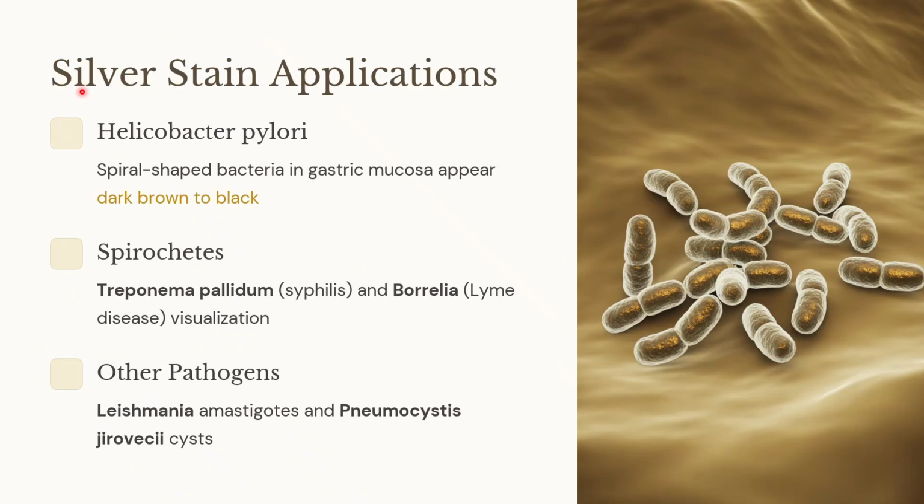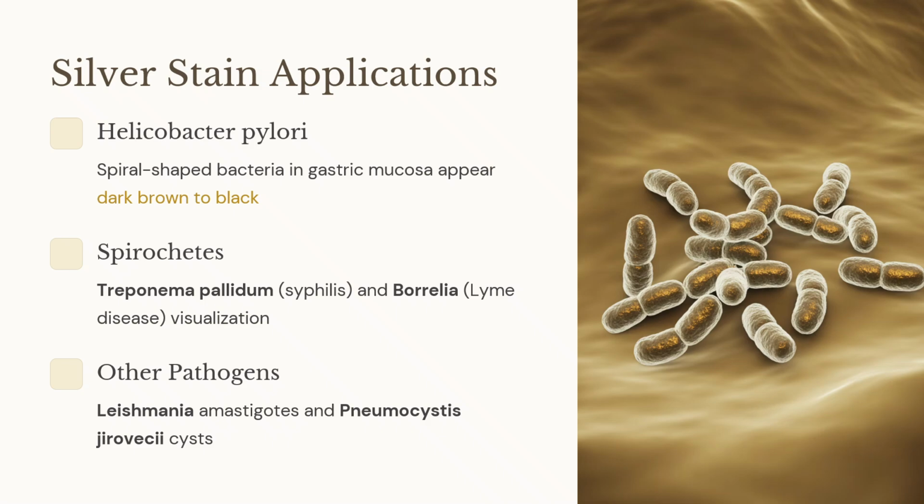What happens in silver stain? Silver stain is helpful to visualize the difficult to stain organisms. The key ones are H. pylori, the spirochetes, as well as Pneumocystis jirovecii and Leishmania species. So how do we remember this?